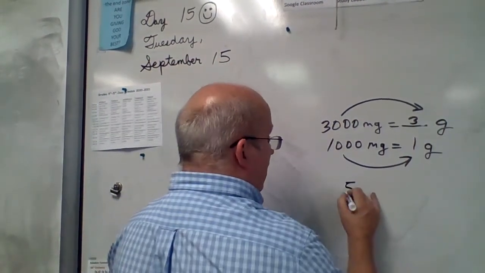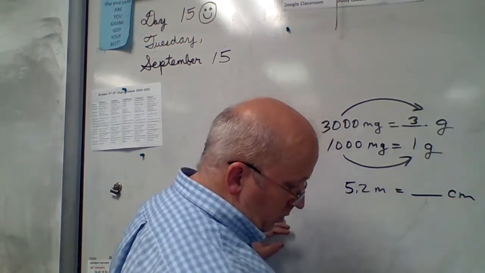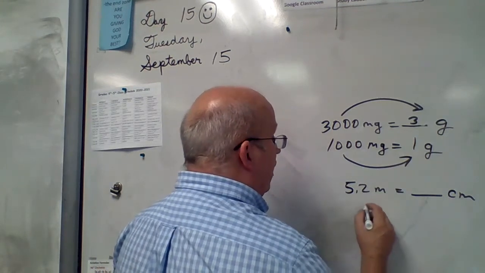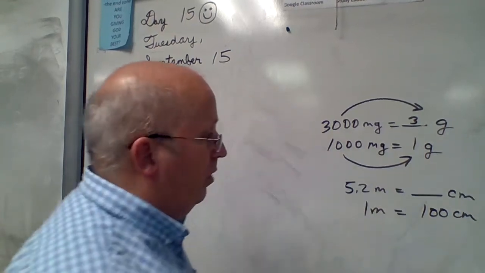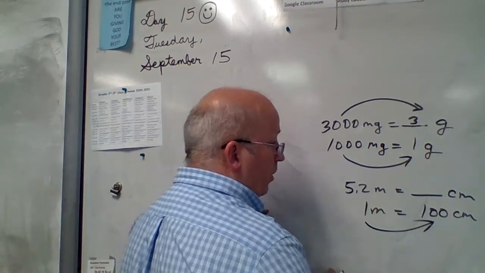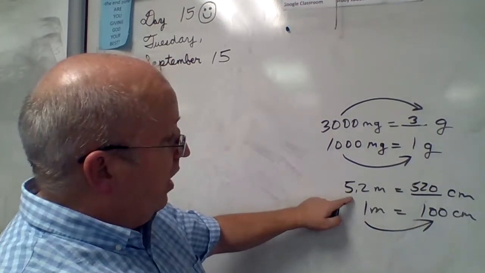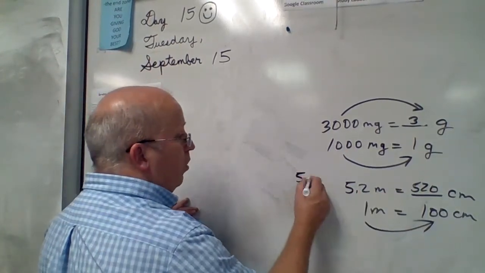How about if I have 5.2 meters and I wanted to turn that into an amount of centimeters? Well, I go to the bottom of page 39, look at the left-hand side, and I'd see that 1 meter equals 100 centimeters. So moving from here to here is multiplying by 100. So it has to be 520, because 5.2 times 100 is 520.